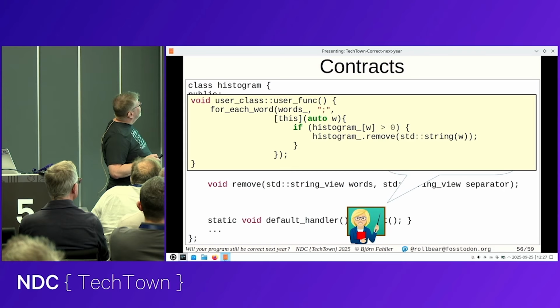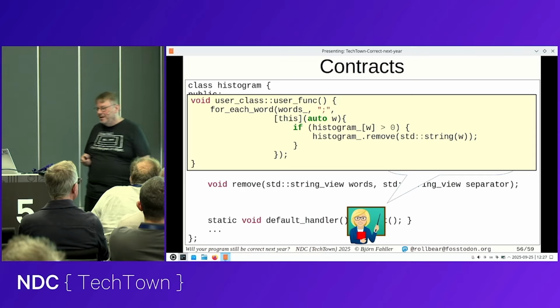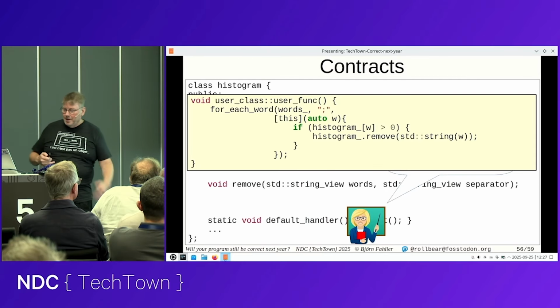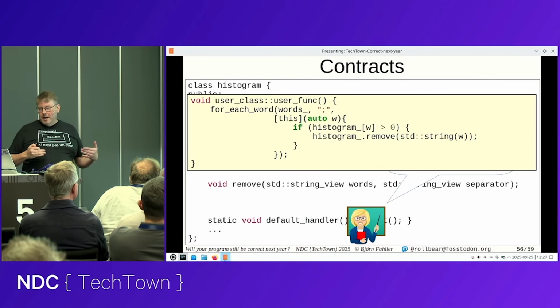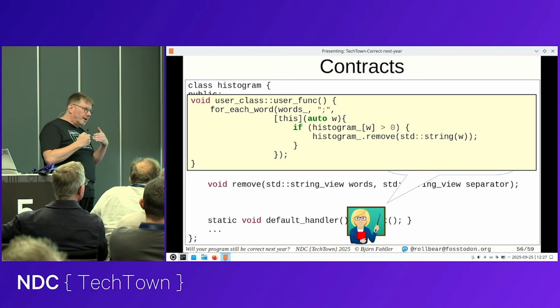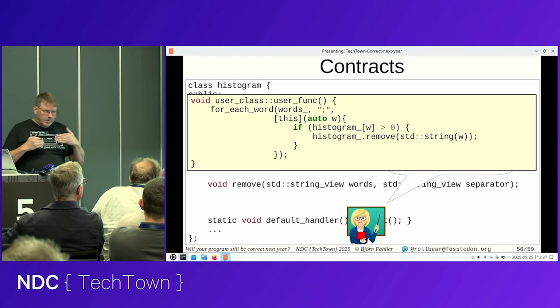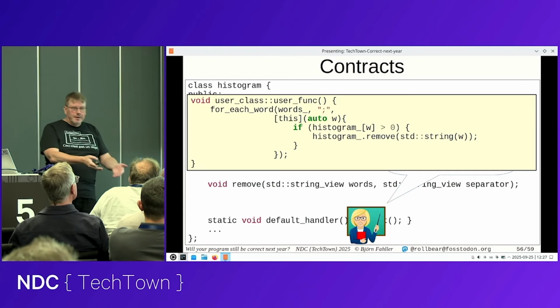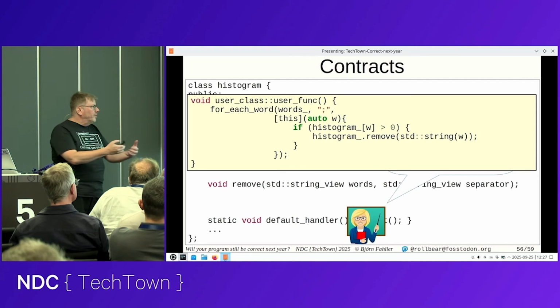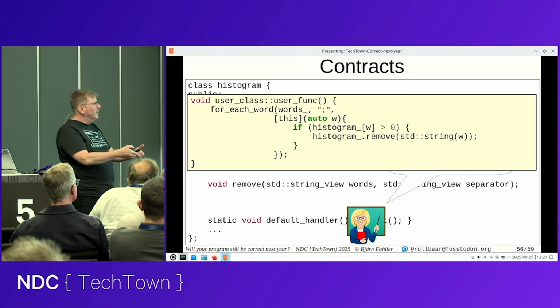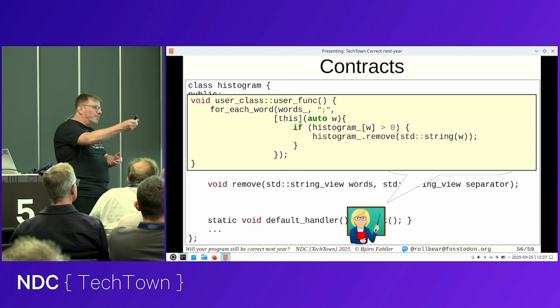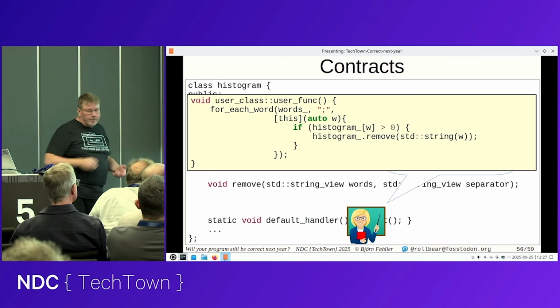Oh my. So this is what the user code can do. And that now we have forwarded the decision, the policy of what to do, to the user of the histogram instead of the histogram mandating a policy upon the user.